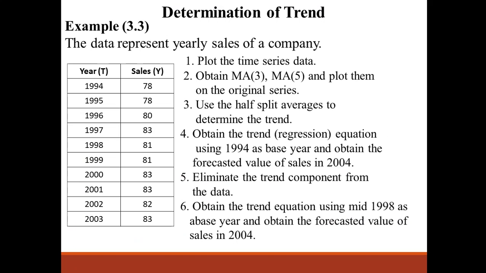He wants to plot the time series data or sketch them. Number 2, he wants to obtain the moving average of order 3 and MA5, and to plot them over the original series.